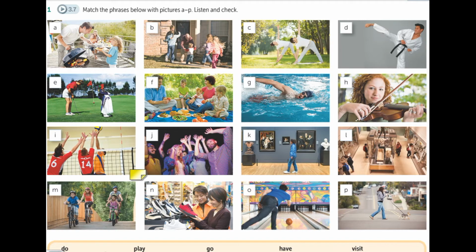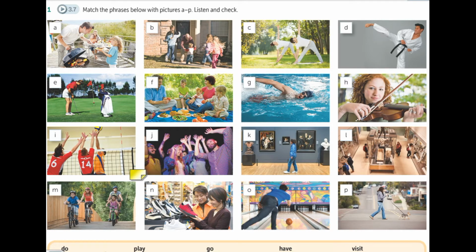In letter E, can you see? They are practicing another sport. Which one is it? And letter F, the family again, but now they don't seem to be at home like in letter A. They seem to be in a park. And they are having something special here. What can you say about it?